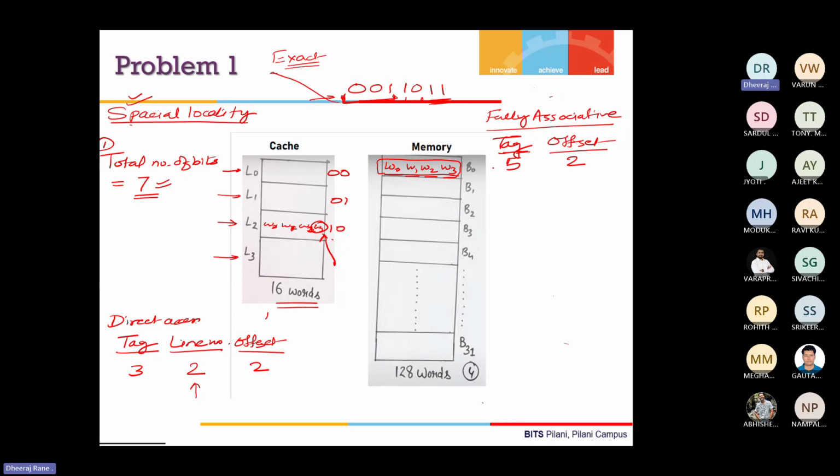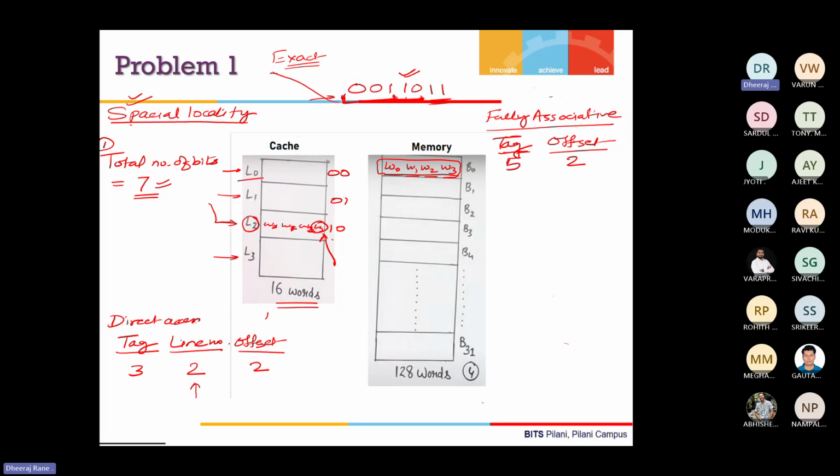Okay. So this is the case. So what will happen? How will this address be interpreted? Again, take the example. Ultimately, what the electronics will be doing is identifying where exactly this tag corresponds to 00110, and based on that particular tag, it will not be specifically the line number L2.